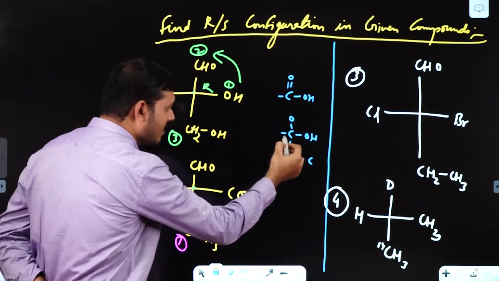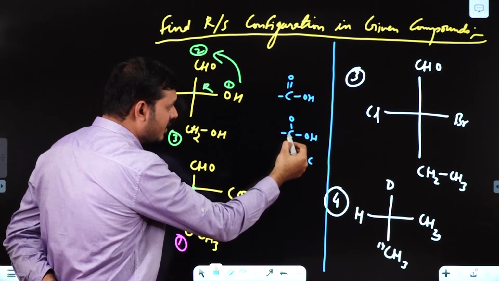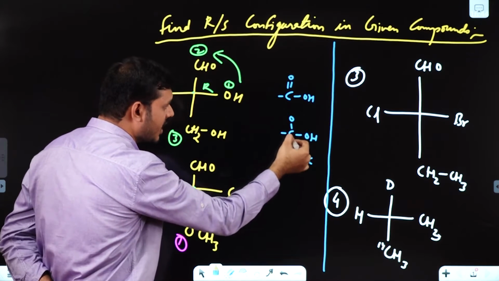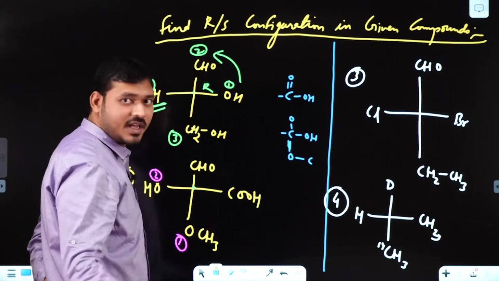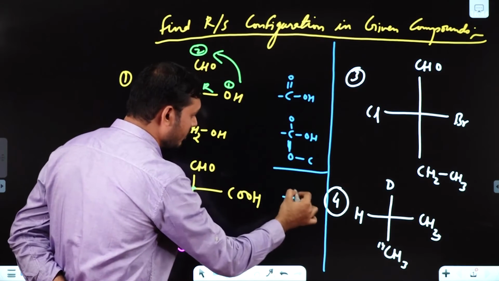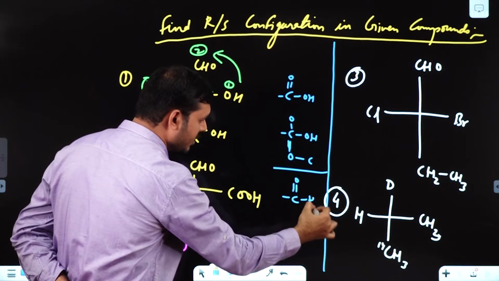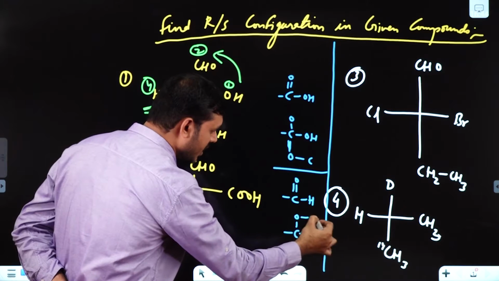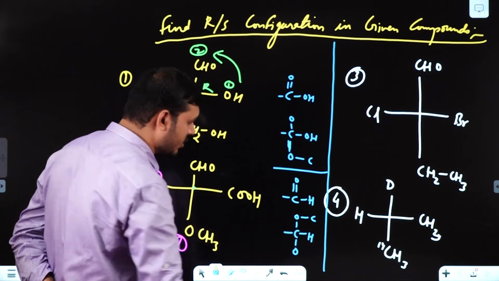C double bond O, so I connected with a single bond. Oxygen is connected with another carbon and carbon is connected with another oxygen. Clear? Now again, C double bond OH. This will be CH. Now this oxygen is connected with 2 carbons and carbon connected with 2 oxygens.